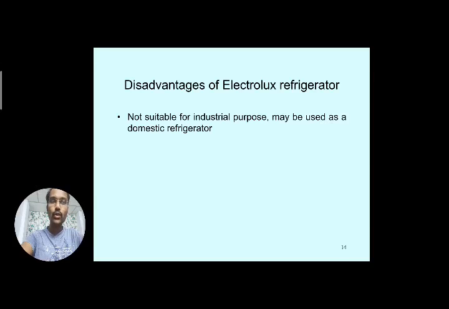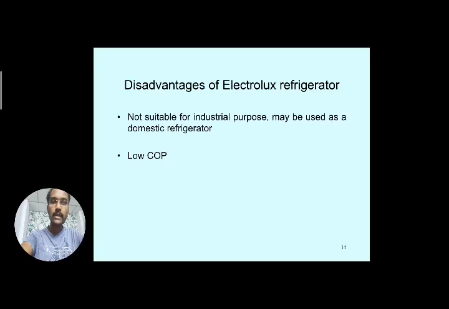Because the temperature obtained with the help of this system is about minus 18 degrees centigrade, and industries need a very large quantity. If you use this system, minus 18 degrees centigrade is not a feasible one. And the more quantity of hydrogen you have to use, it may not be suitable for industrial purposes.